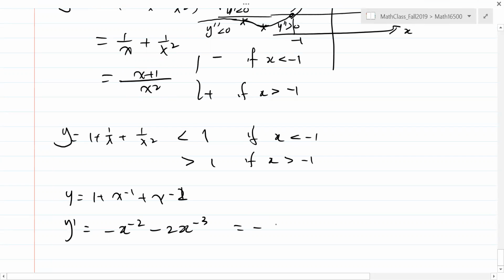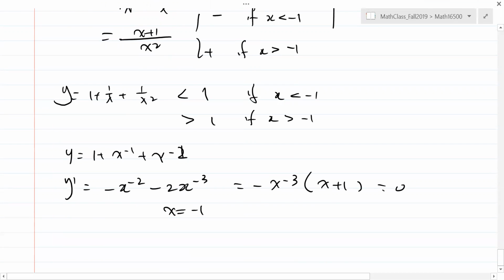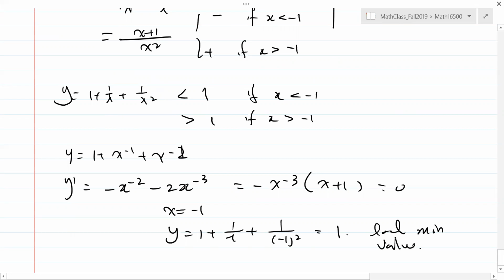If I take x out, that'll be x plus 1. This is equal to 0 if x equals -1. That gives you the minimum. The y value is going to be 1. So this is the local minimum value.